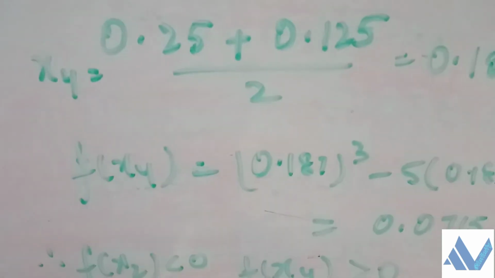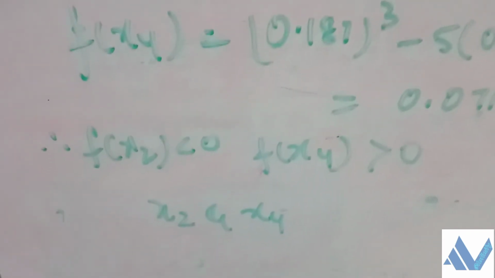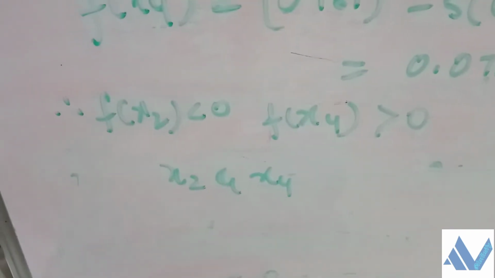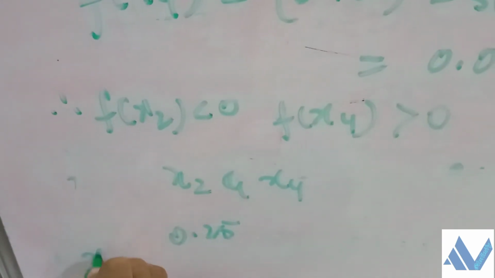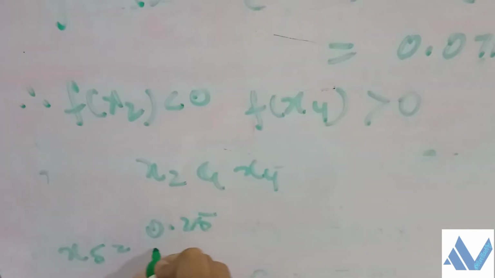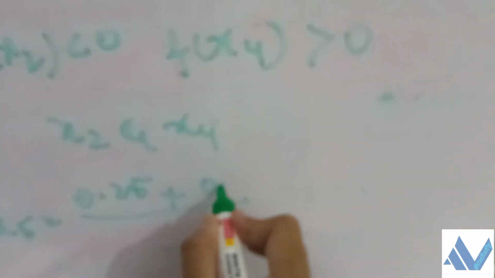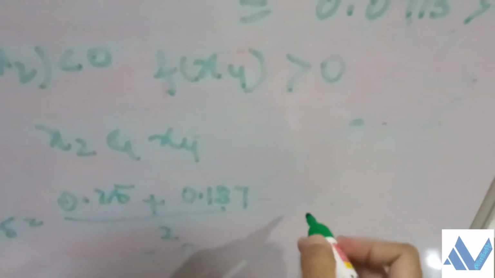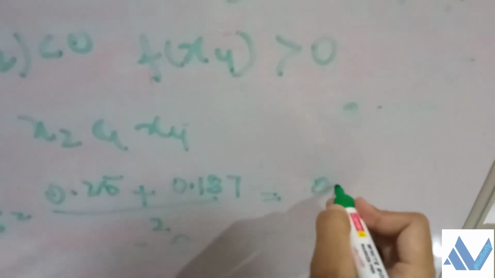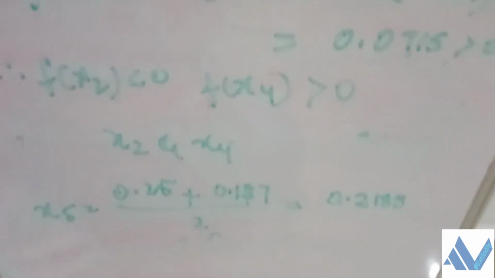So the root lies between x2 and x4. So we take the value of x2, 0.25, so x5 is equal to 0.25 plus 0.187 by 2, which is equal to 0.2185.